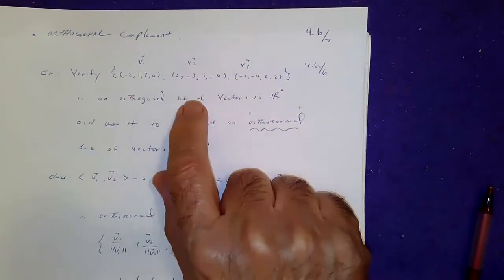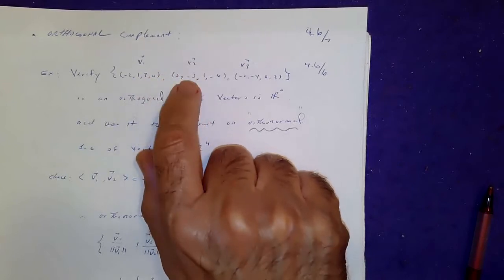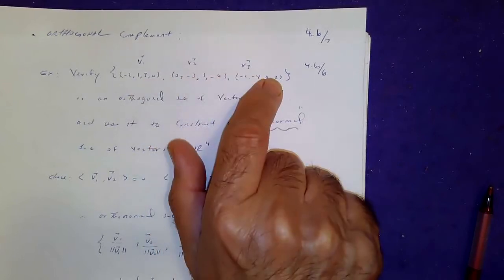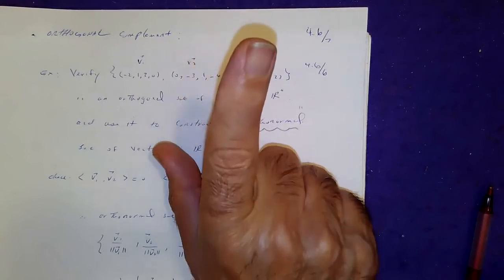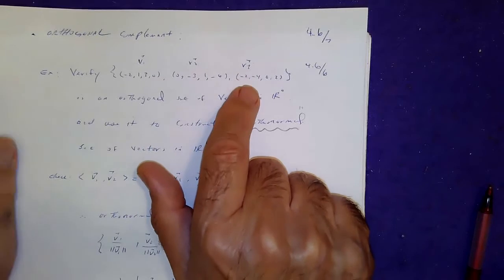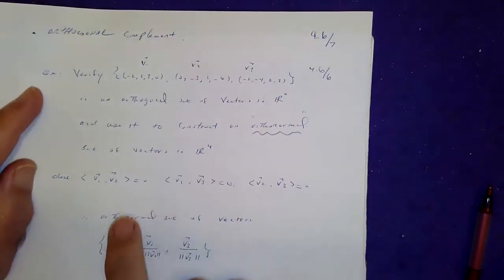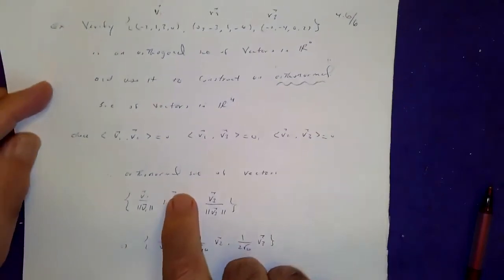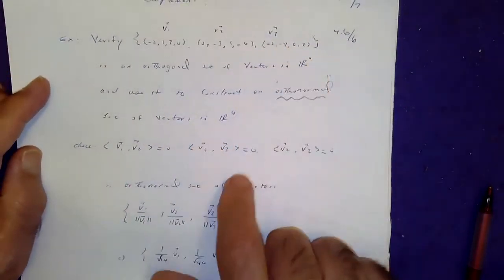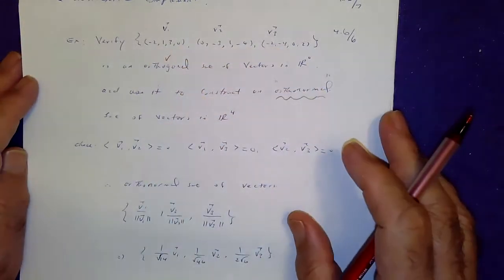All right, so suppose we're trying to verify that these are an orthogonal set of vectors. So what does that mean? That means if I take the inner product of each of these with the remaining 2, I should get 0. How would I show that these orthogonal vectors are orthonormal? First of all, check that the inner product is equal to 0, so you check the orthogonality condition.